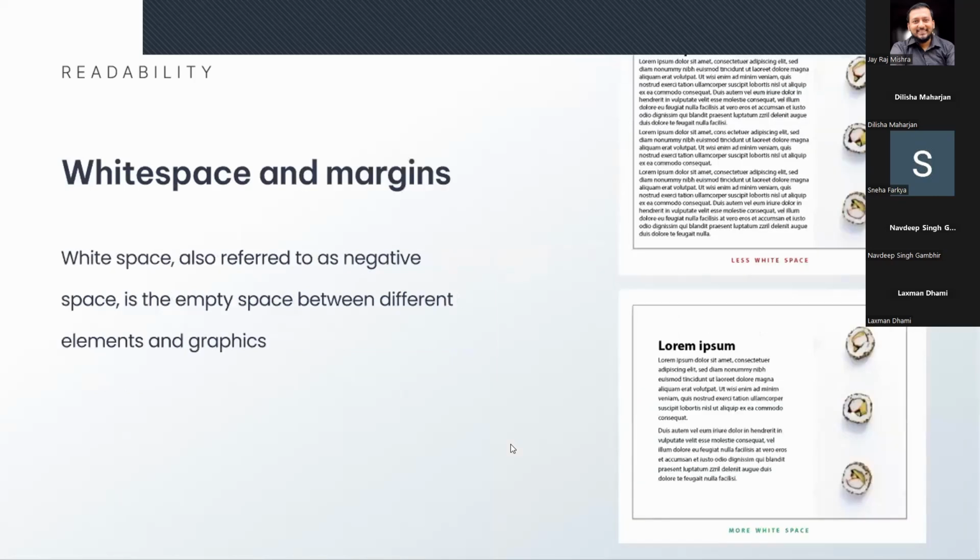Another thing that we mostly mess up is white space. People think white space is a bit too spacey, that maybe we can add something here, and then they keep adding things to fill the white space, and by the end it becomes very cluttered.